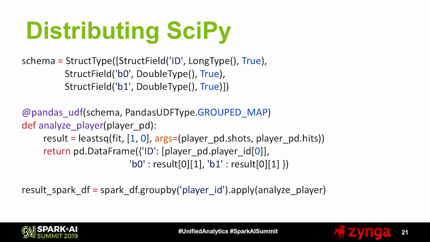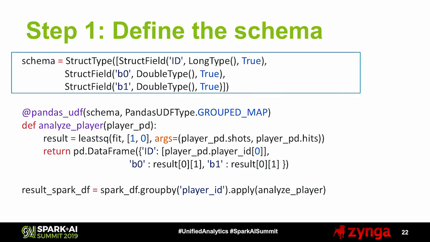Some of the attributes are the number of shots they took, as well as the number of hits. I was basically just trying to do a linear regression fit to see if there's some sort of correlation between, say, being aggressive and actually having more shots on goal. I didn't really come up with a conclusion there, but what I did do was distribute this workload across a cluster in Spark.